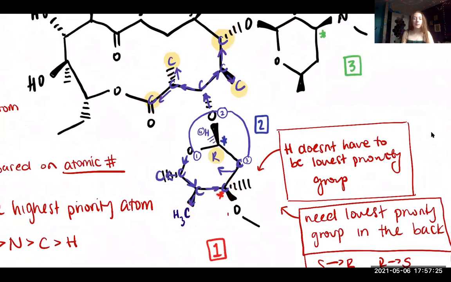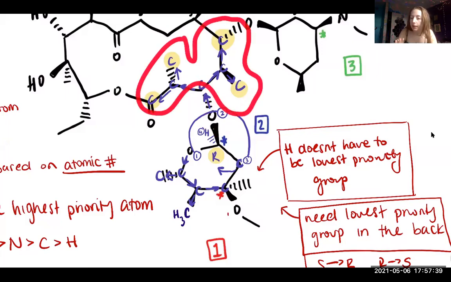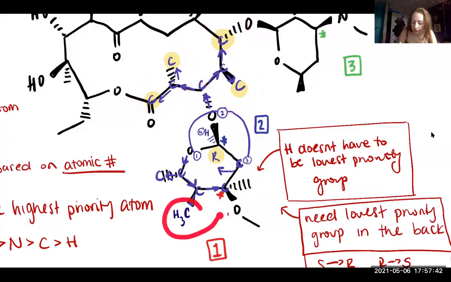In that case, we would prioritize this oxygen because we've already reached a difference, and that difference is there's 4 here of the same thing versus 2 here of the same thing.